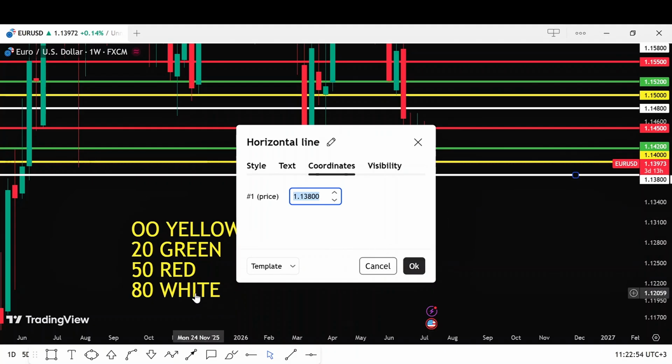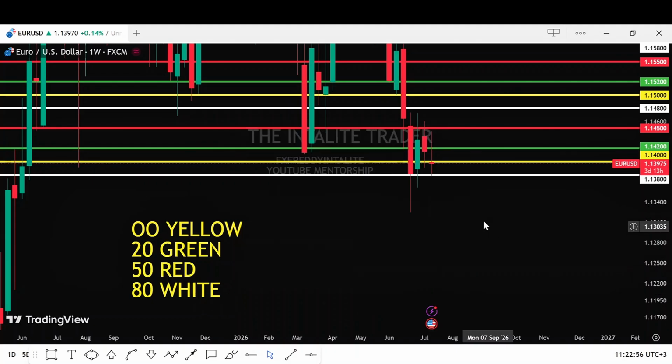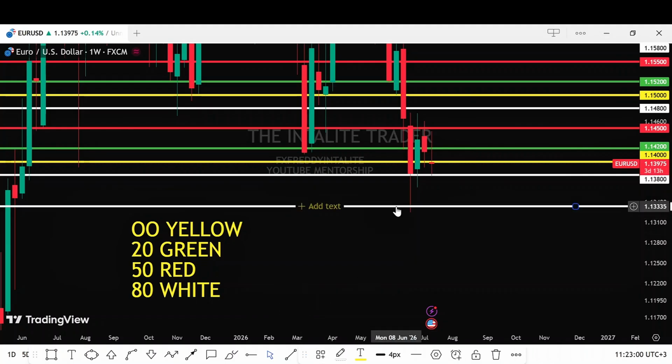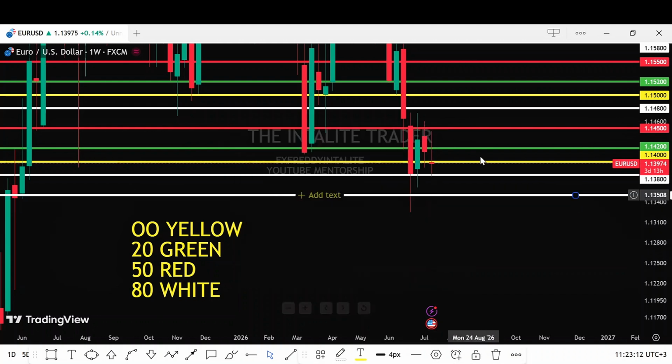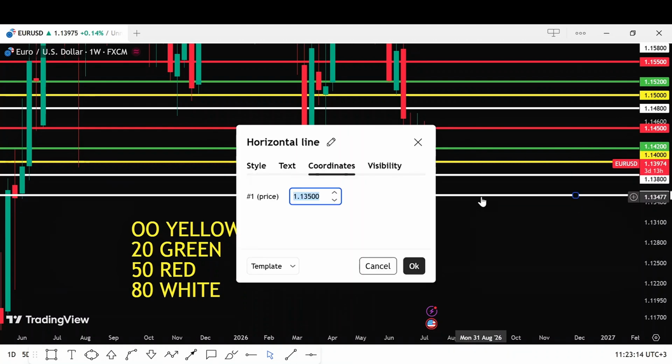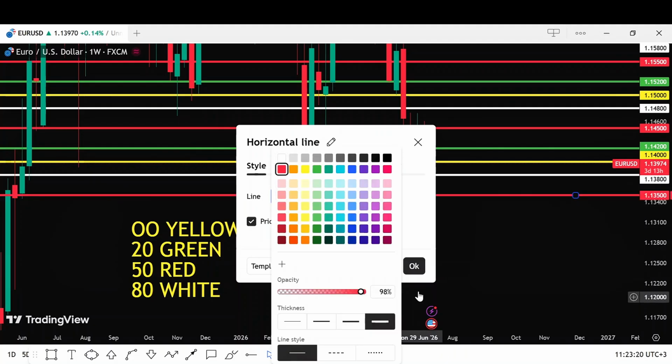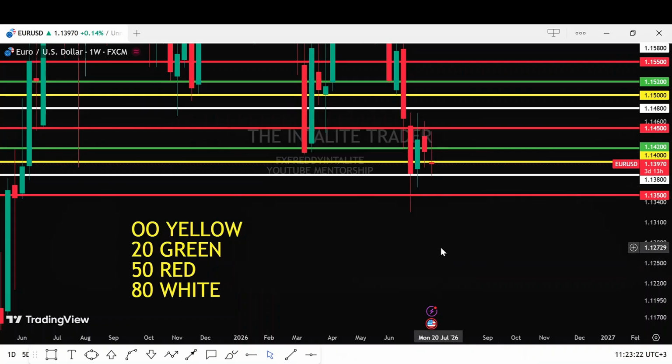We said this will be white because this is the 80 level. So we get another level, we put here 1.1350. We mark it, and we say this will be red because it is the 50 level. Put OK.